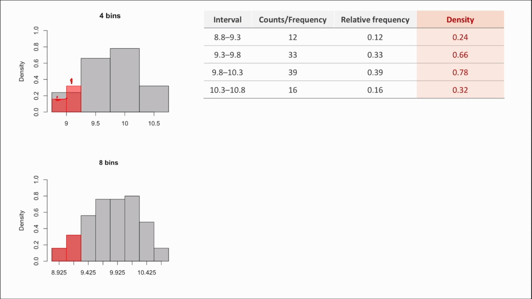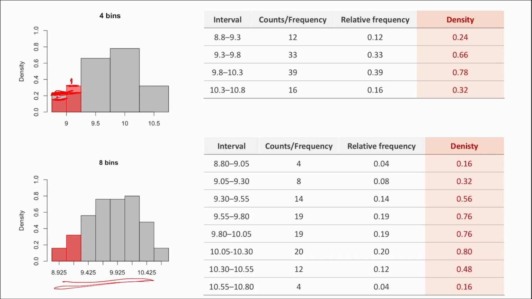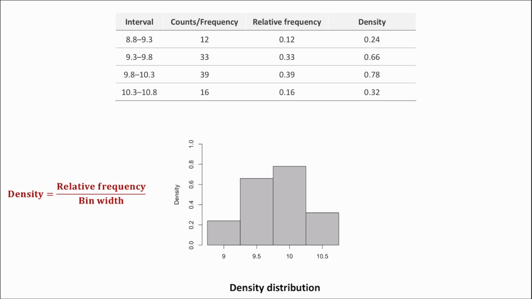If you take the average height of these two bars, you will get exactly this bar. So by reducing the number of bins, you're simply averaging the original histogram. That's the basic idea. So the density distribution can be computed by taking the relative frequency and dividing by the bin size.